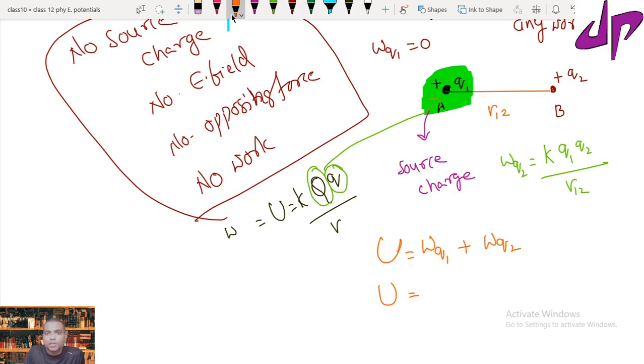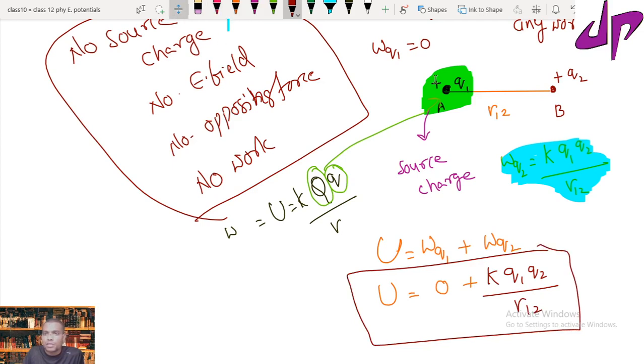The work done to bring charge q1 goes to 0, plus the work done by me to bring charge q2 is this amount. This work will be stored in the form of the potential energy. That equals K q1 q2 upon r12.